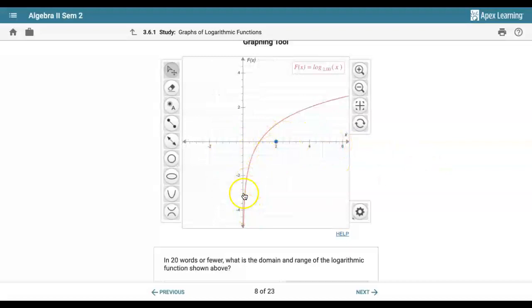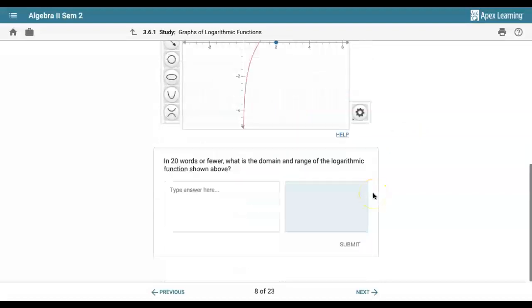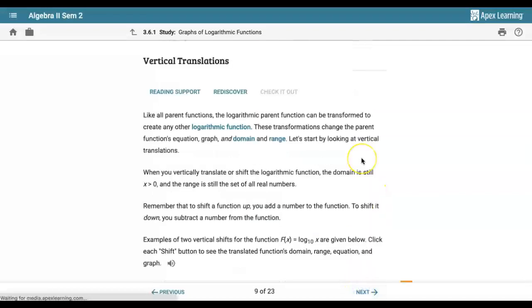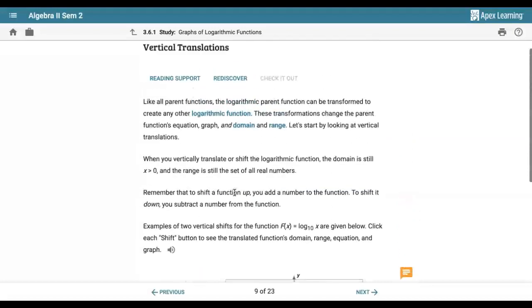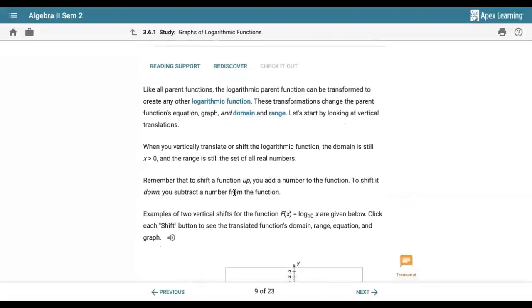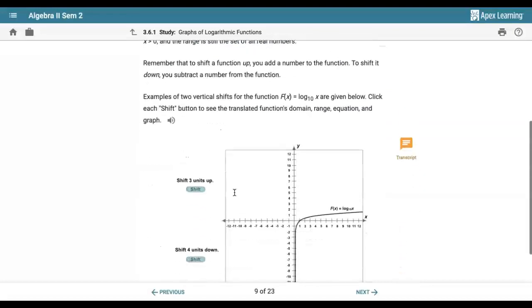Hopefully you notice that our x value has to be greater than 0. We have a vertical asymptote at x equals 0, so our values have to be positive for our domain. But our range is now no longer restricted. Our range can be any value, or all real values. Knowing that those are our domain and range, we can now do our translations of shifting.